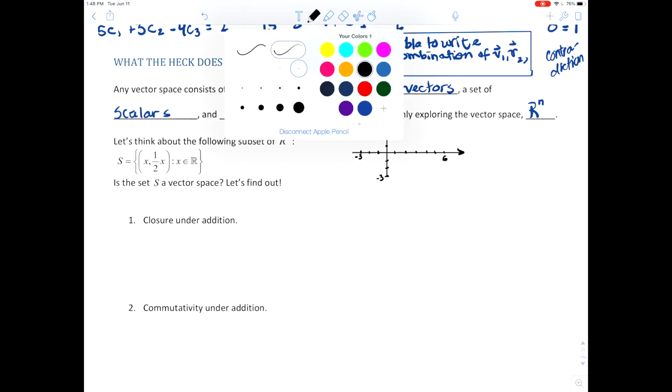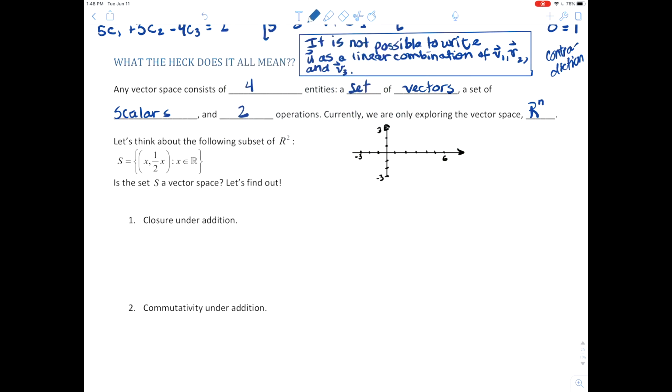And let's draw some pictures. It's always fun, right? So one potential vector, if x was 2, the second component would be 1, so you'd have the vector 2, 1, right? That would be the terminal point of that one.